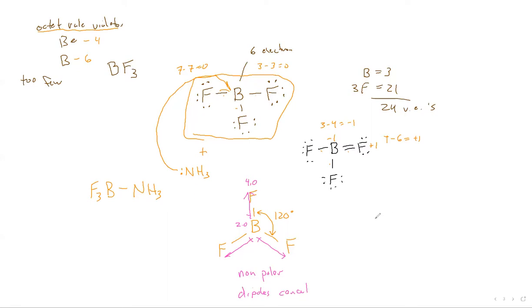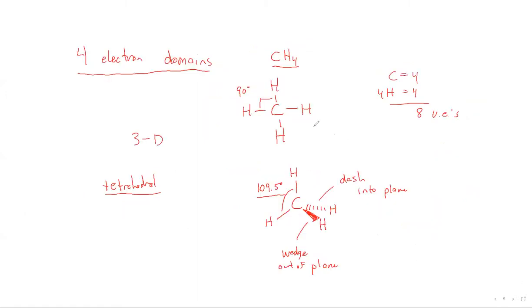So what are the high symmetry groups? Highly symmetrical molecules are going to be linear, trigonal planar, and tetrahedral. These are all highly symmetrical. And so if you have the same atoms attached to a highly symmetrical group like CO2 or BF3, or even, well, a C-H bond is nonpolar anyway.